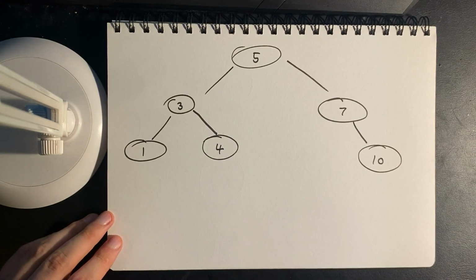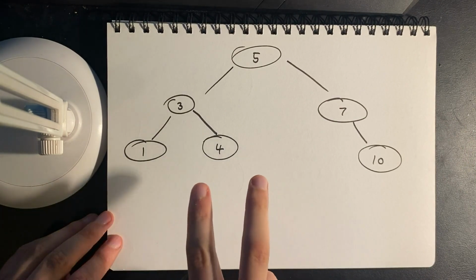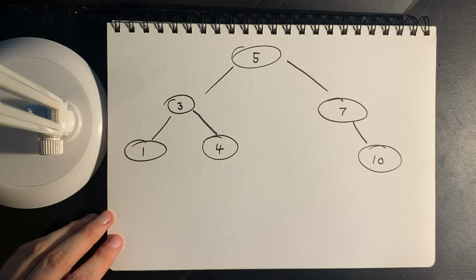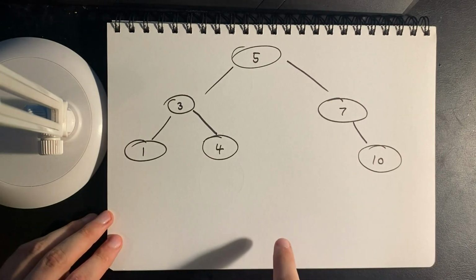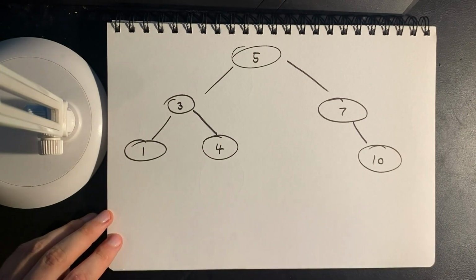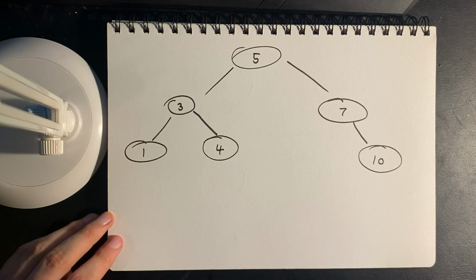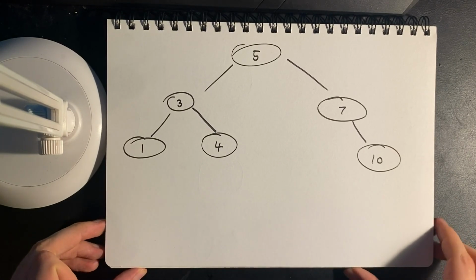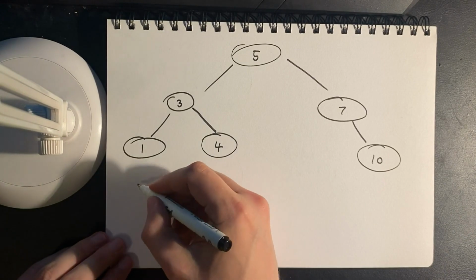Now this structure does have log n for everything. So it's log n to insert, it's log n to delete, and it's log n to search. But it has a downside, and that is the underlying memory layout.